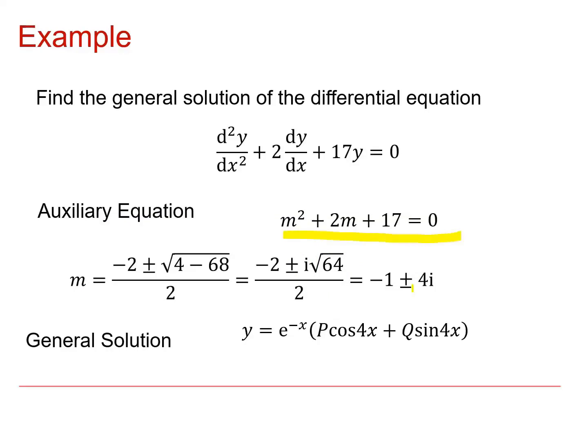There's my auxiliary equation and my roots of the auxiliary equation, and then finally my general solution. Now, in a previous video we looked at this form and decided that it could be written as R sine(4x plus alpha) for some value of R and alpha determined from the values of P and Q. So this thing is really e to the minus x times that, and we're going to have a look at a plot of this on the next slide.